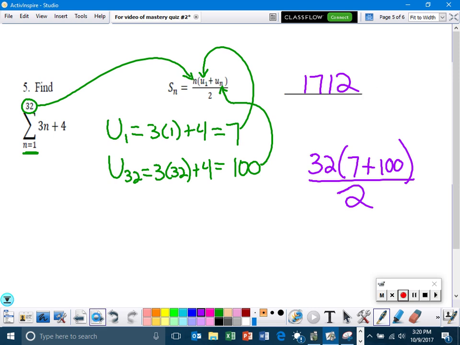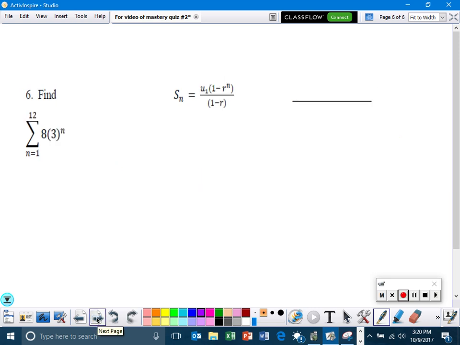All right, one more. Okay, this is dealing with a geometric series, so the formula is a little bit different. Okay, so you'll notice that the U sub 1 means the first number in the sequence. So we're going to have to find the first number in the sequence. We're going to go 8 times 3 to the first power. And 8 times 3 to the first power is 24.